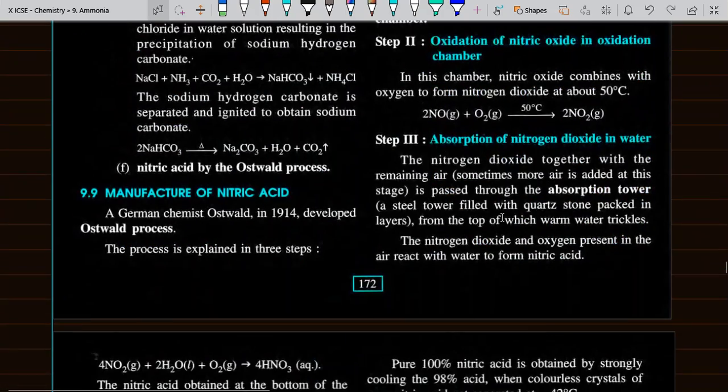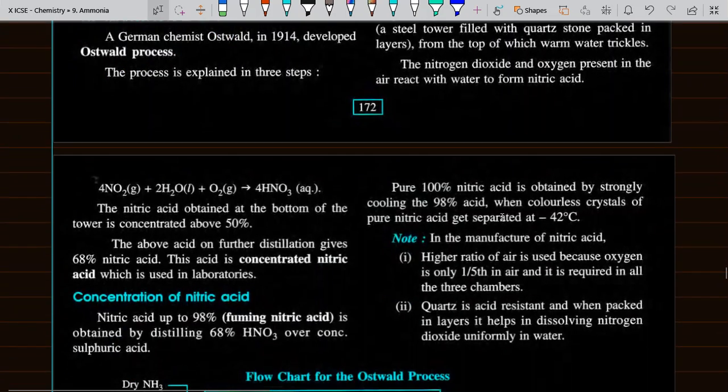The nitrogen dioxide together with remaining air, sometimes more air is added at this stage, is passed through the absorption tower, a steel tower fitted with quartz stone packed in layers, from the top of which warm water trickles. The nitrogen dioxide and oxygen present in the air react with water to form nitric acid.